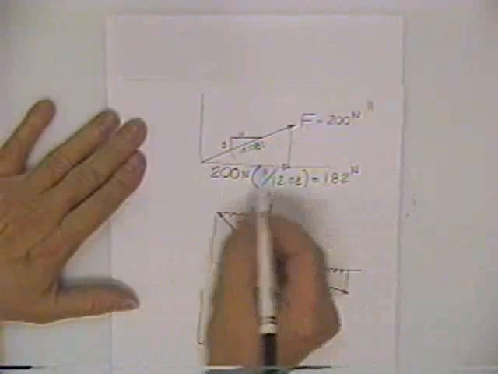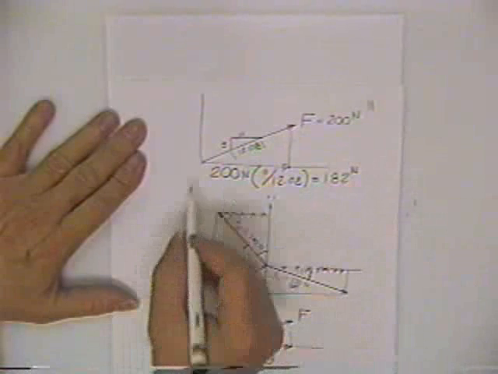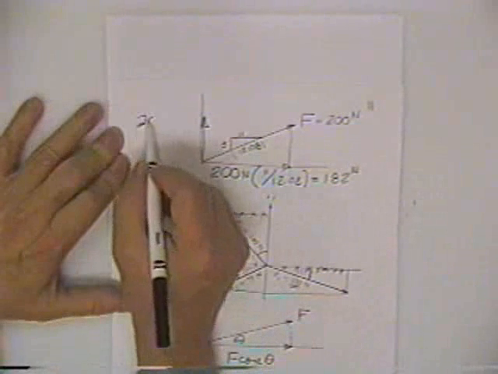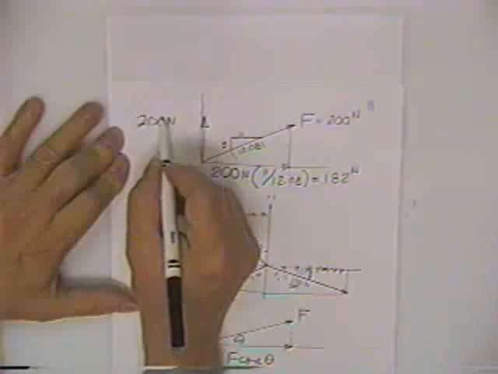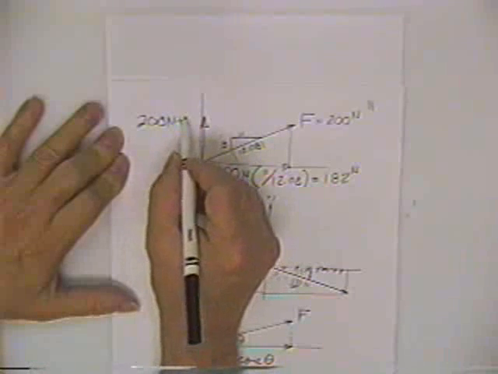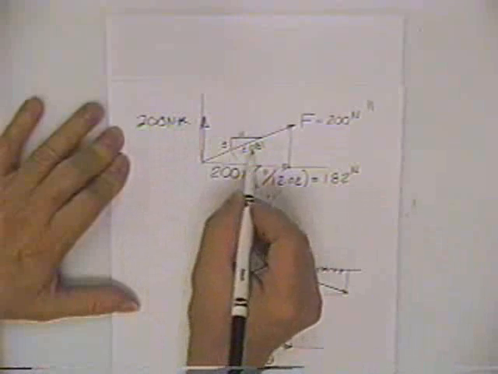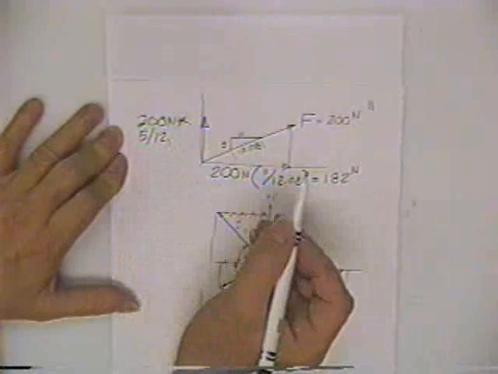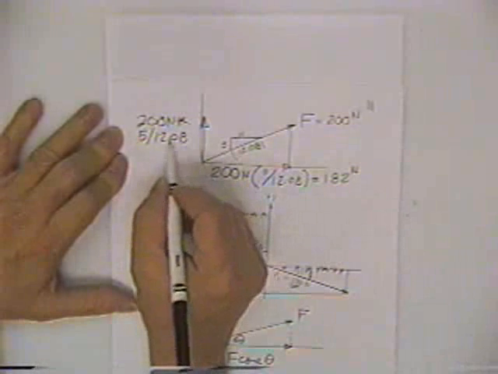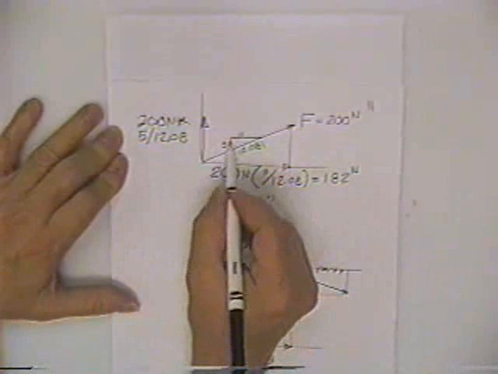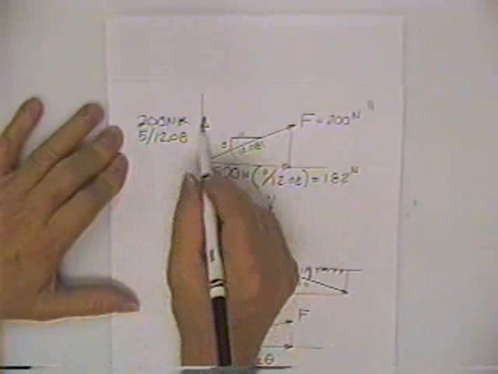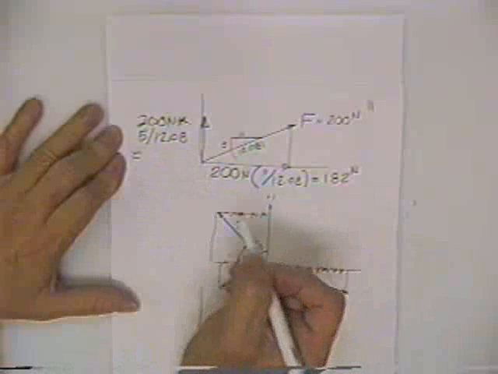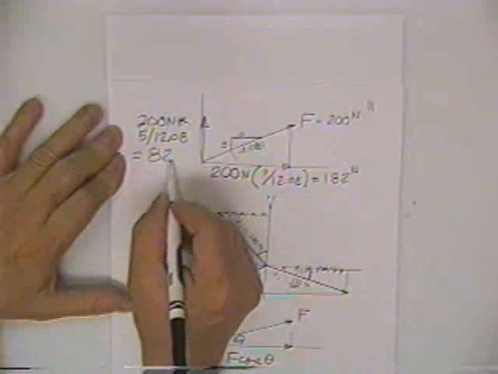If that one looks 200 long, that looks about 182. By the same token, this number should be 200 multiplied times 5 over 12.08. Because 5 is the vertical side of the triangle, and you're looking for the vertical side of the components, which is equal to 82.8.